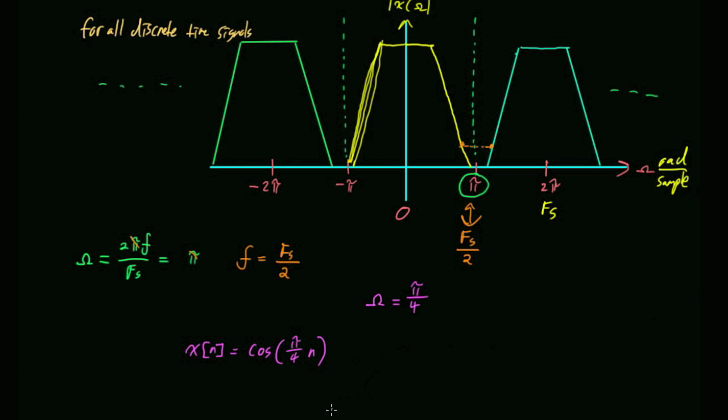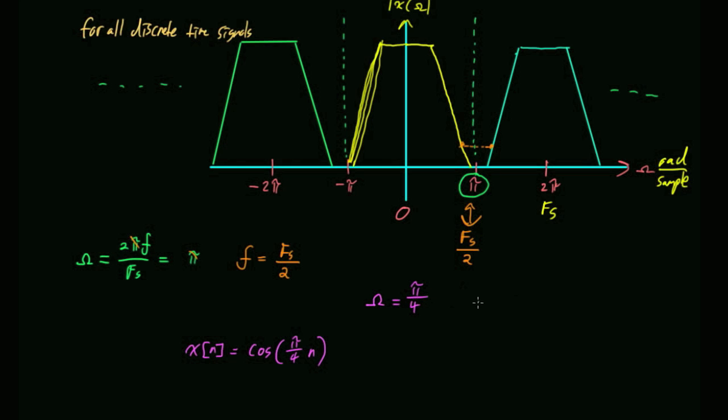How many radians do I need to get a full period? Always 2 pi radians per period. So every sample is this many radians per sample. One sample gets me pi over 4. 2 samples gets me pi over 2. 3 samples gets me 3 pi over 4.